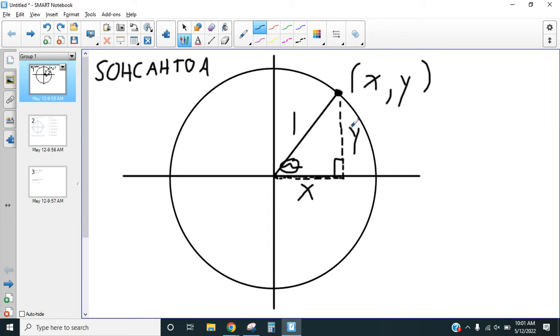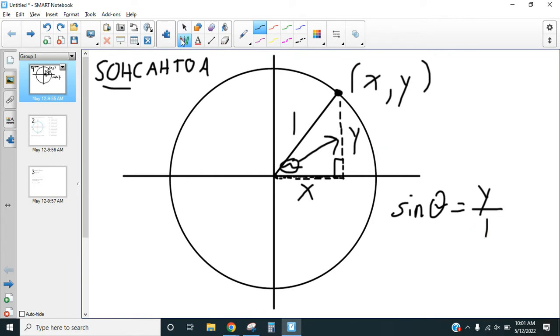How can I define this side? Well, I could say a few things. I could say the sine of the angle, this comes from this part of SOHCAHTOA, is the opposite over the hypotenuse, right? What's the hypotenuse? 1.